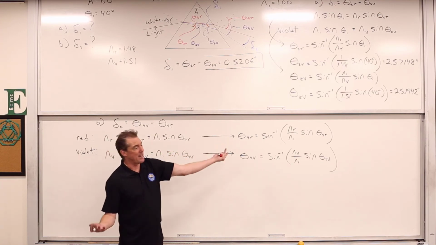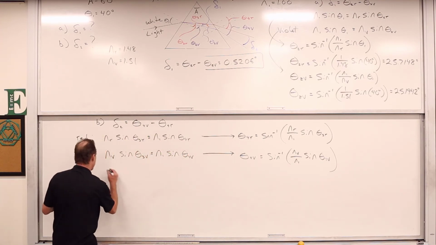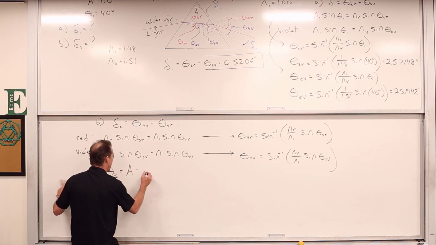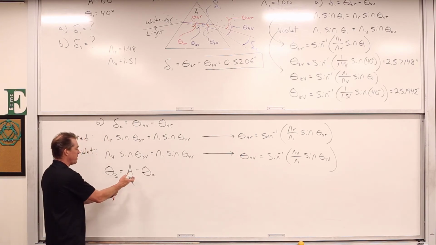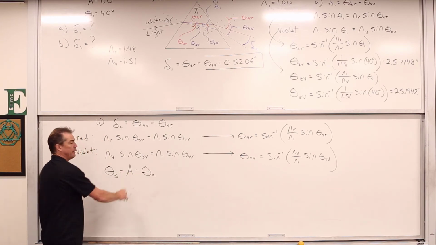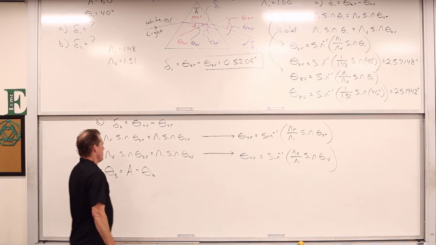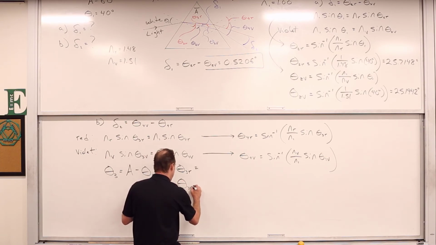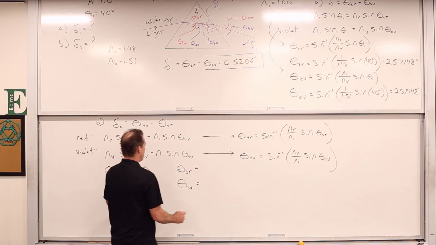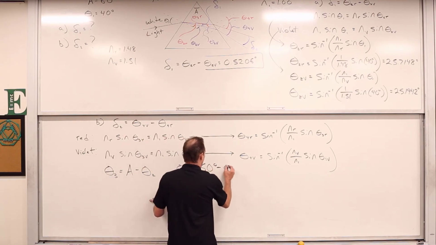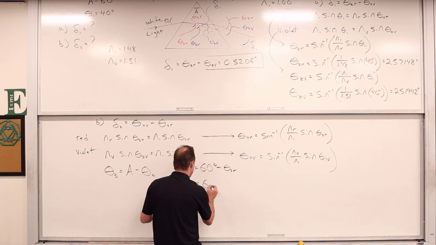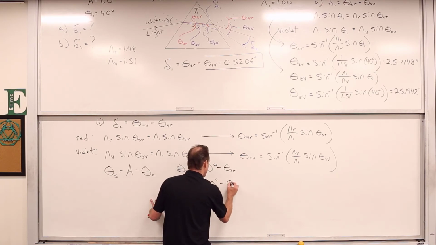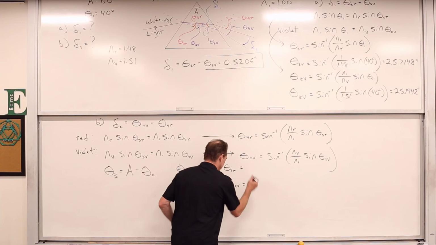So what do we need? We need the theta 3s, right? And as was demonstrated just prior to this, we've got that theta 3 is equal to A minus theta 2. There's a rotation between theta 2 and theta 3. It's equivalent to the apex angle. So we have that theta 3 red is 60 minus theta 2 red, and theta 3 violet is 60 minus theta 2 violet.